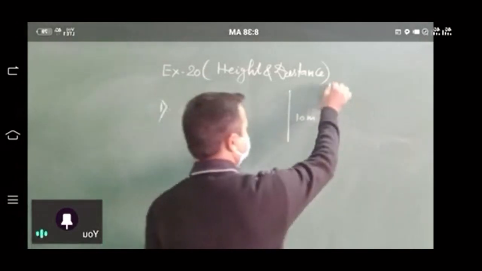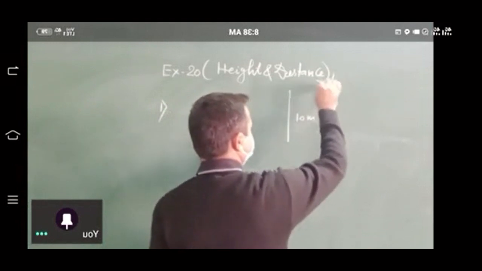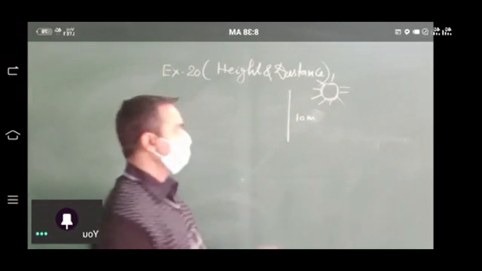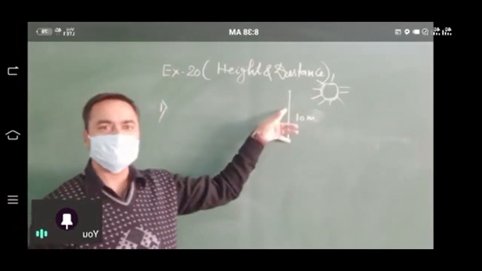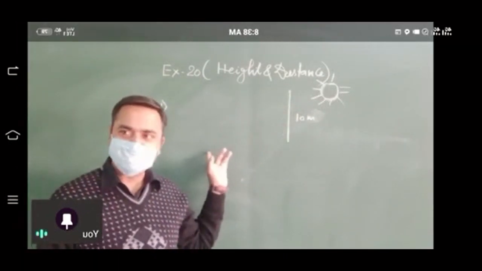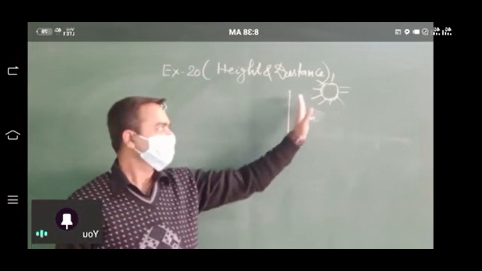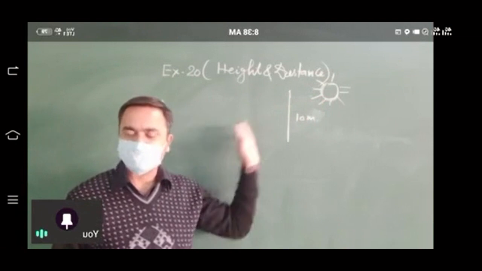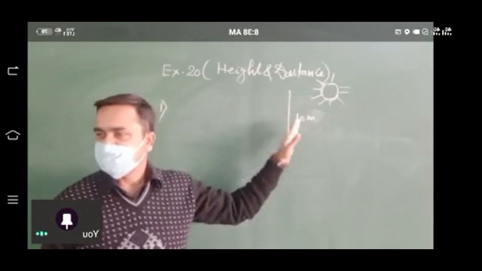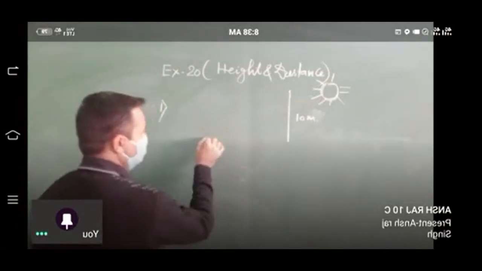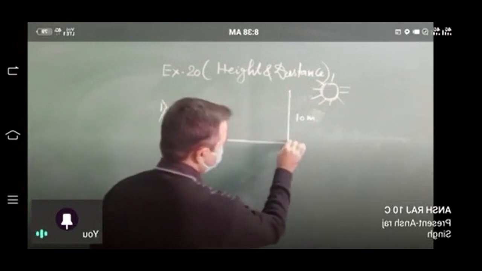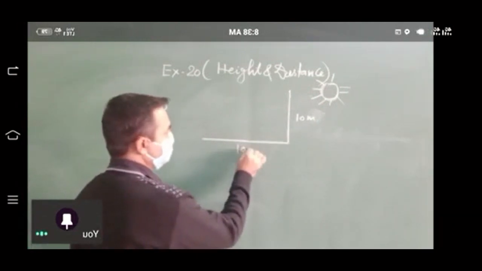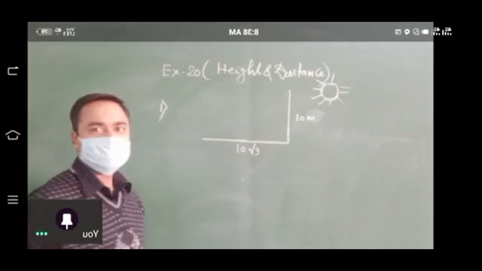Suppose that the sun is here. If the sun is behind the pole, then definitely there will be a shadow formed of this pole. Okay? If the sun is here, the shadow of the pole has to fall on this side. So suppose that the shadow of the pole is this one, and the length of this shadow is 10 under root 3.